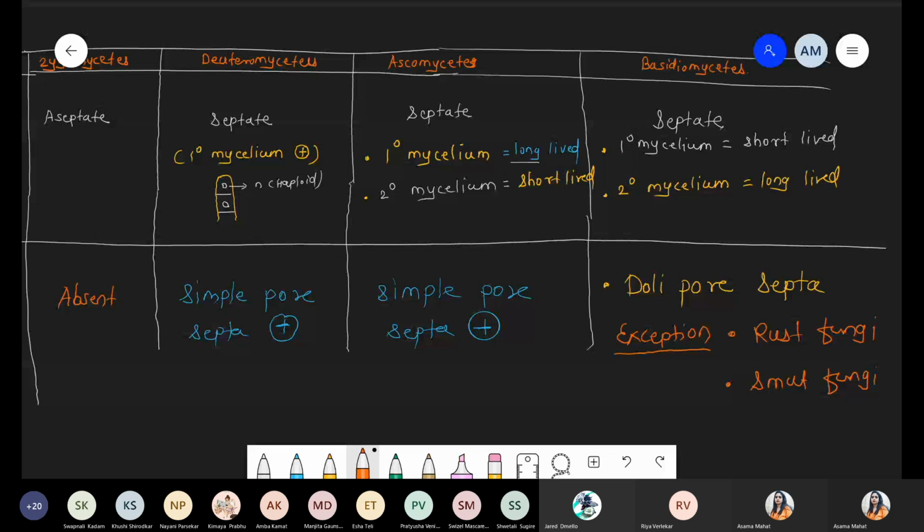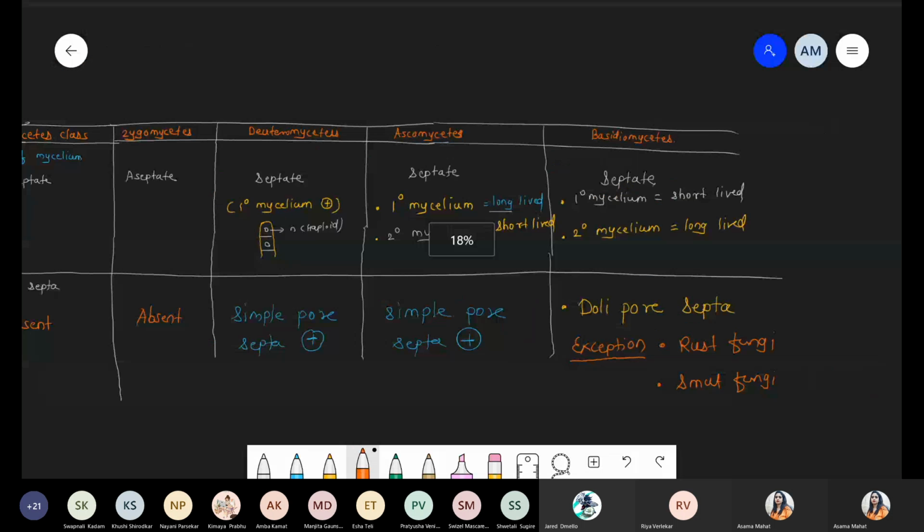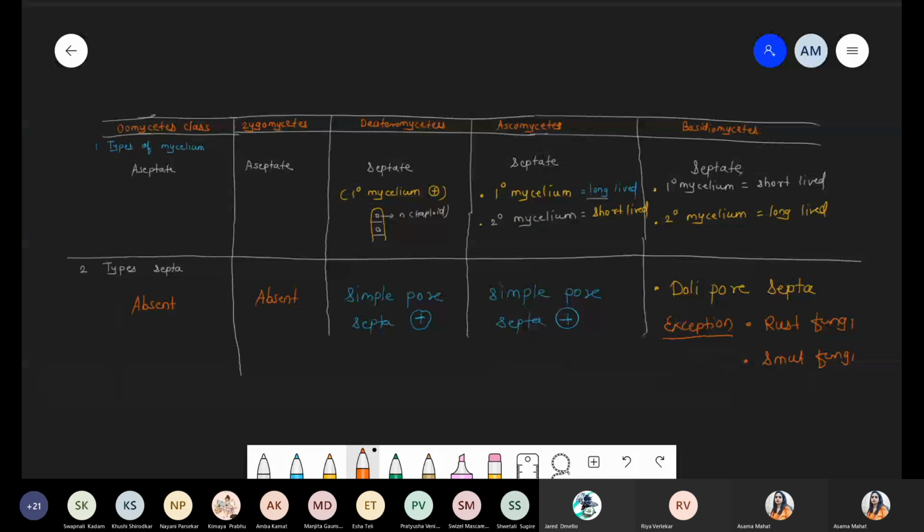Okay, chalo. Now next, number 3, we are talking about cell wall. Third point with respect to cell wall. So draw one line. We discussed types of mycelium. We discussed the types of septa.